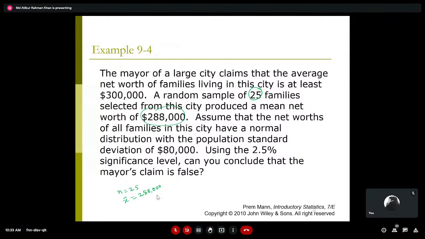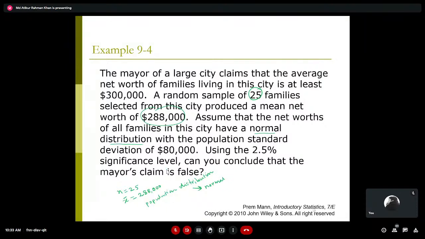Assume that the net worth of all families in this city has a normal distribution, so the population distribution is normal.